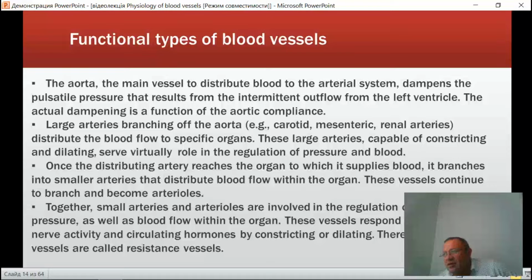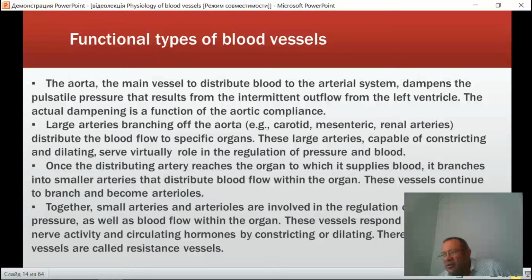These large arteries, capable of constricting and dilating, play a role in the regulation of pressure and blood flow. Once the distributing artery reaches the organ to which it supplies blood, it branches into smaller arteries that distribute blood flow within the organ.